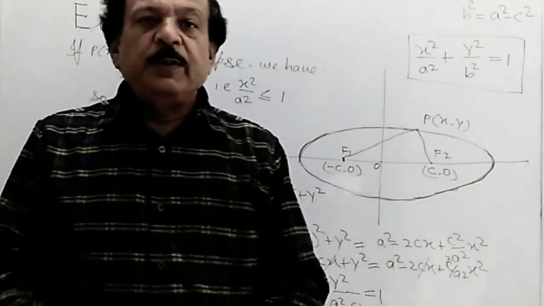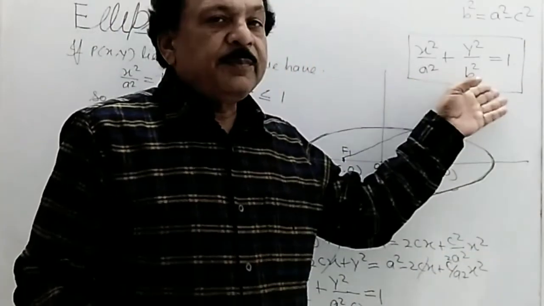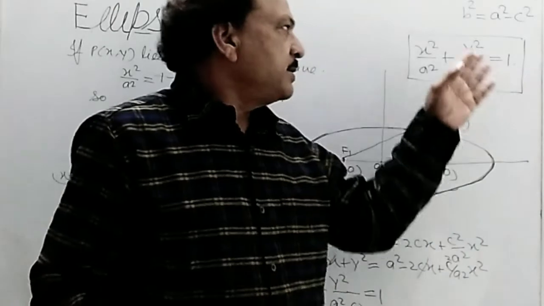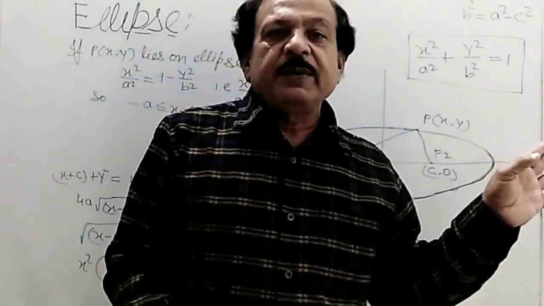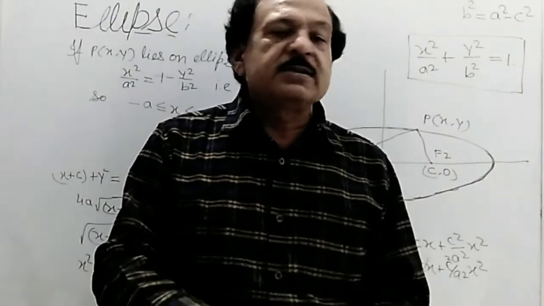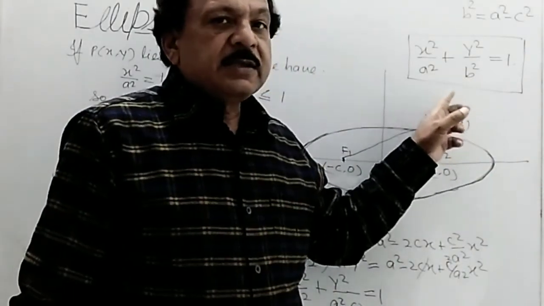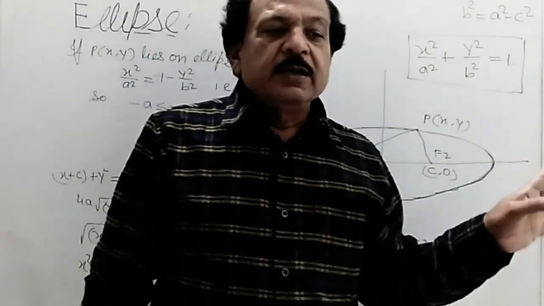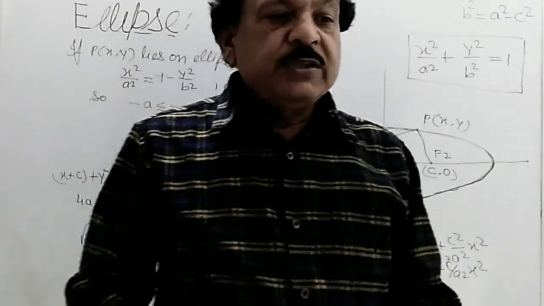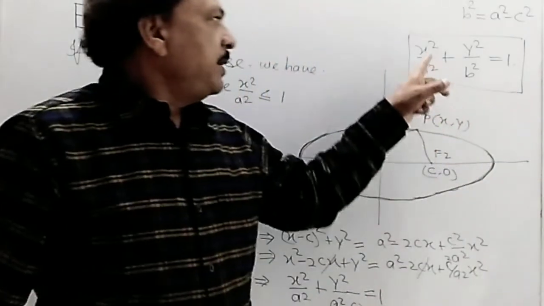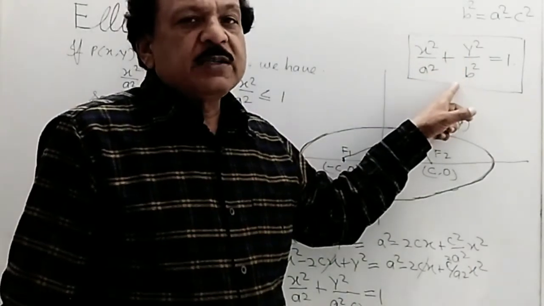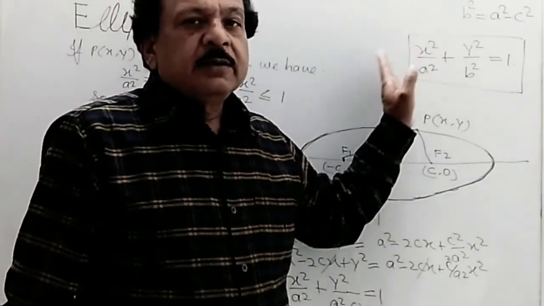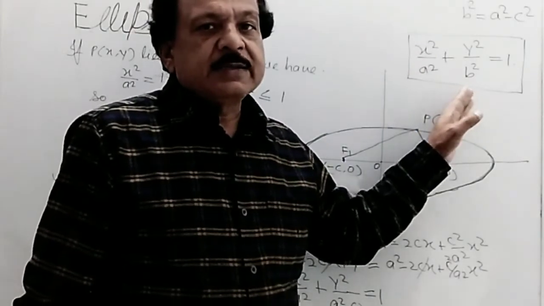And if the denominator of y is greater than denominator of x, then major axis is on y axis. Now you see if the coefficient of x square is greater than the coefficient of y square, then the major axis is on x axis.